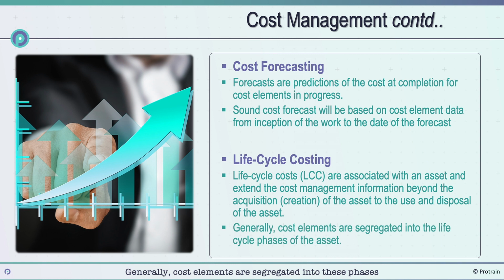Generally, cost elements are segregated into these phases because design development costs are often recovered over more than one asset. For example, design and development cost of a new airplane is amortized over the production. The design of a housing project is recovered through sales of the houses built.